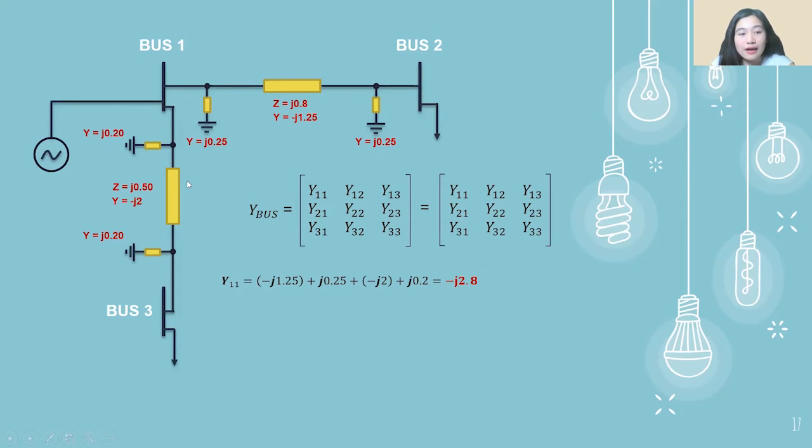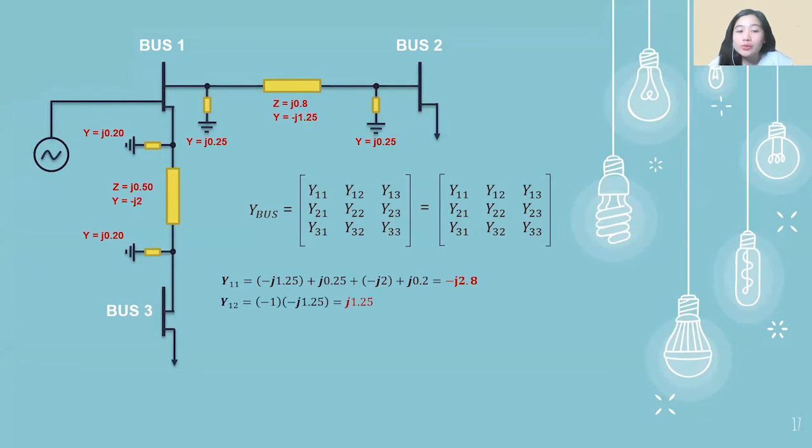I believe that I haven't stated that this part is also connected to bus 1 as well, but I just want to clarify that it is connected to our bus 1. Same as here, since bus 1 is connected to bus 2 and bus 1 is connected to bus 3. So, apat yung admittances natin na kailangan i-add to solve for our Y11. Okay, now solving for our Y12.